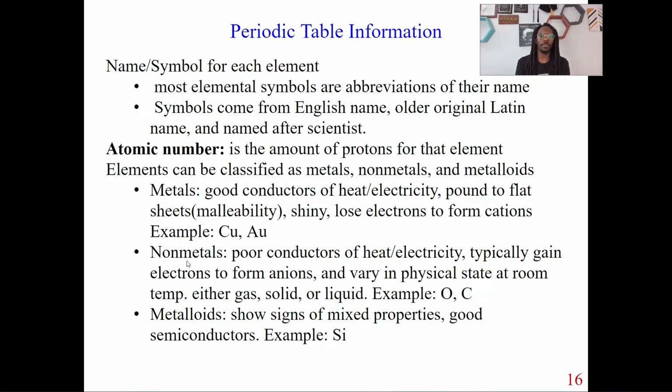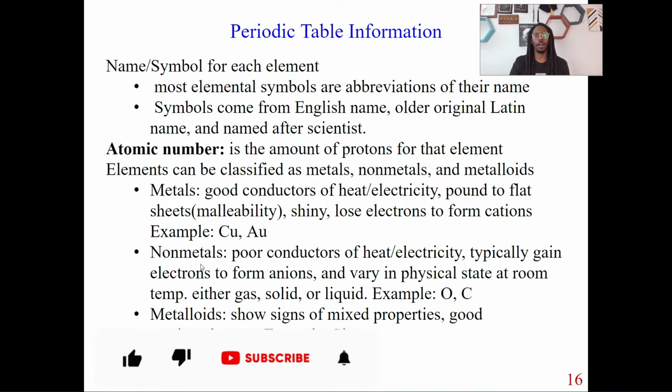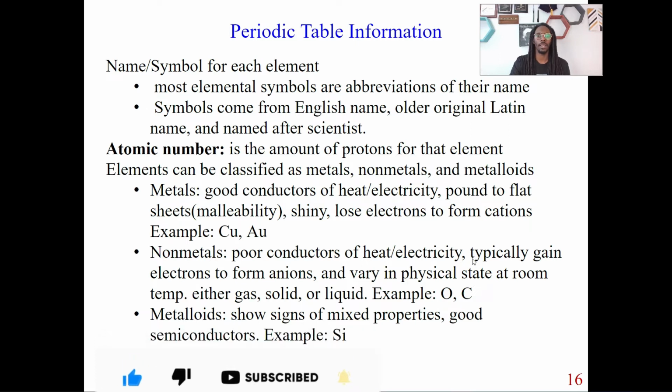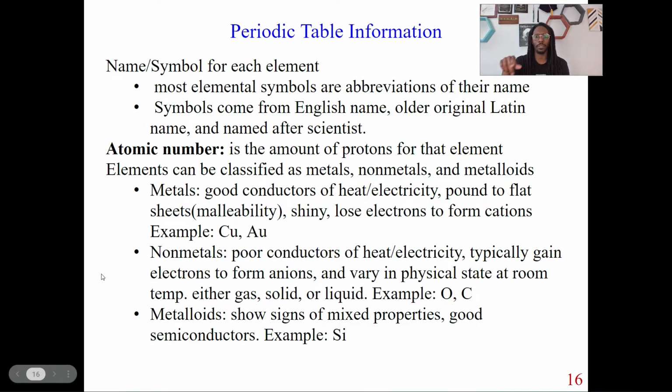Non-metals are basically poor conductors of heat and electricity, so the opposite of that end. And they like to gain electrons. They're usually going to gain these electrons to form anions. So remember, thinking back to cations and anions, if you lose electrons, you're going to become more positive, you're a cation.